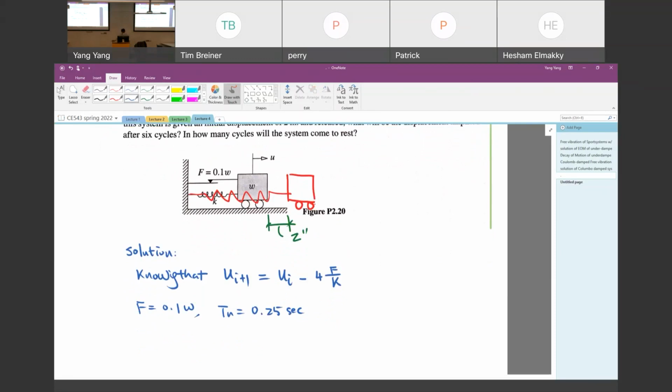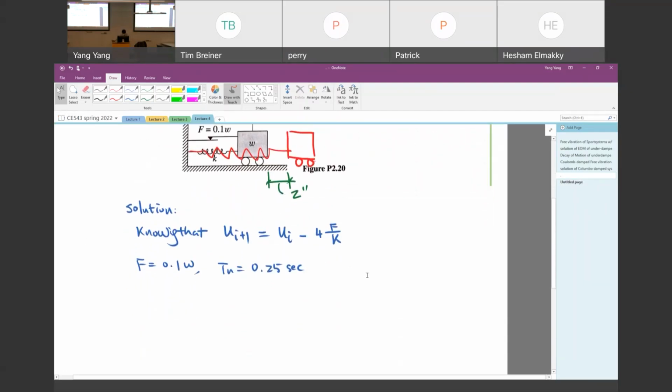So based on the natural frequency, this is equal to 2 pi over the square root of k over m.